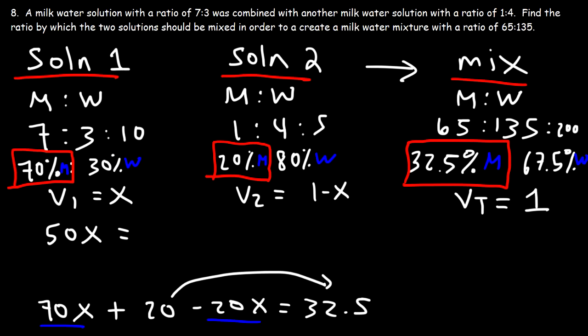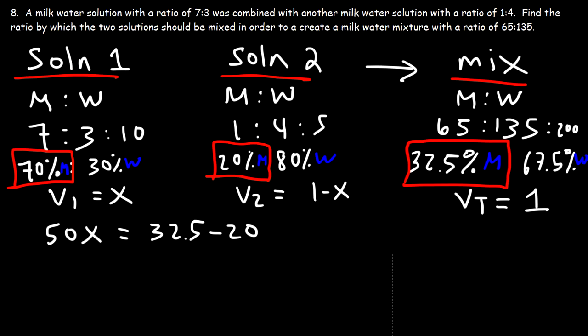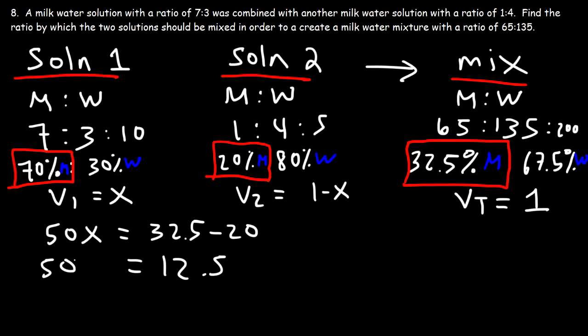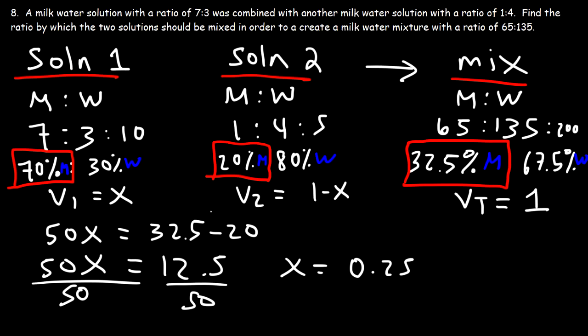Moving this to this side, that becomes 32.5 minus 20, which is 12.5. Now our next step is to divide both sides by 50. And so 12.5 divided by 50 is 0.25.